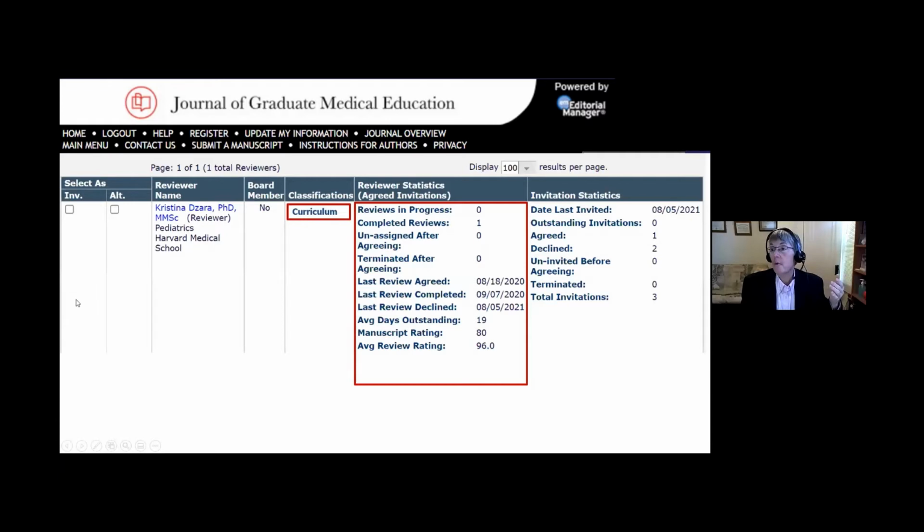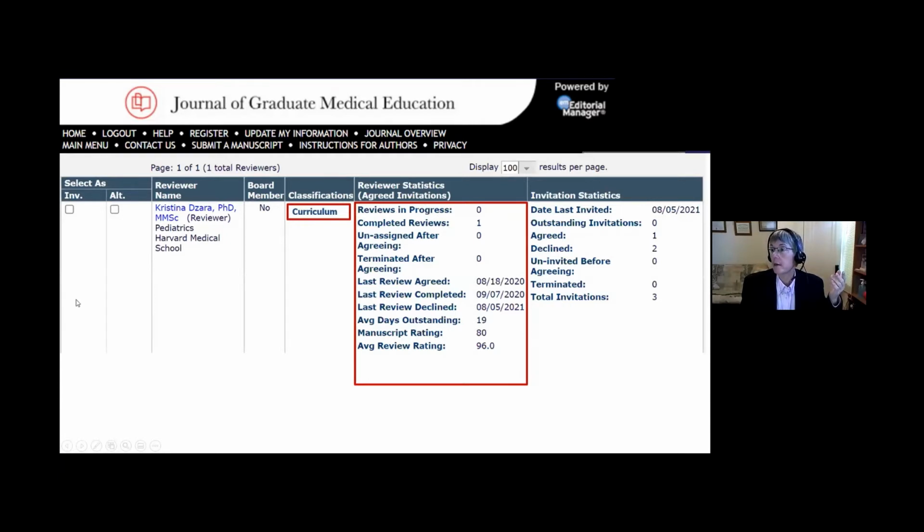So then the rest of that page with Kristina on it, this is her statistics. She doesn't have a review in progress, so that's a good thing because you don't want to send people more than one. Oh, she's only completed one review. Why is that? Well, it has to do with she hasn't been asked or invited to do more, because you can see that over here.